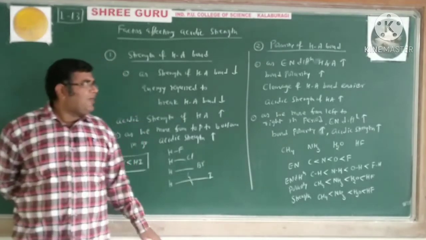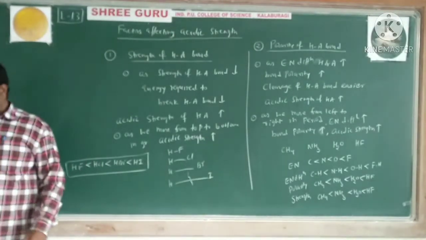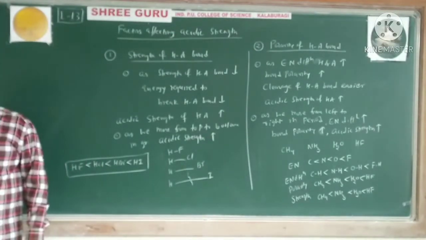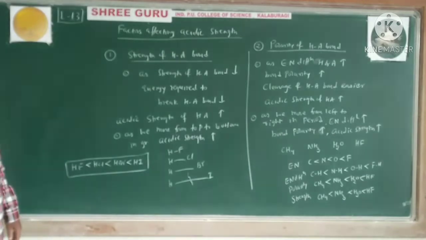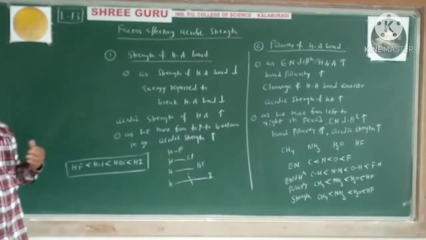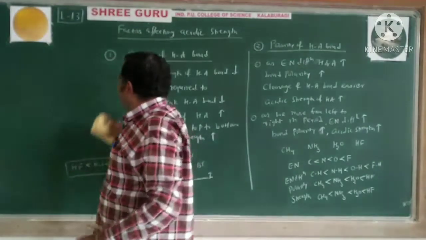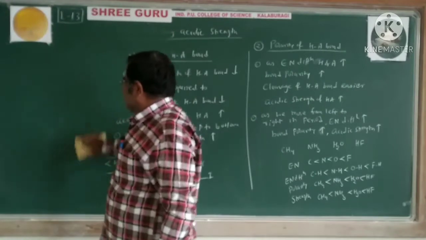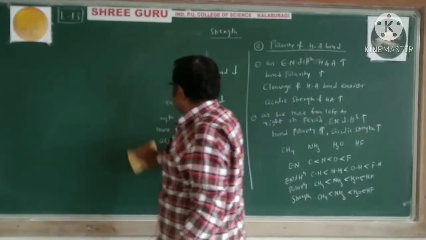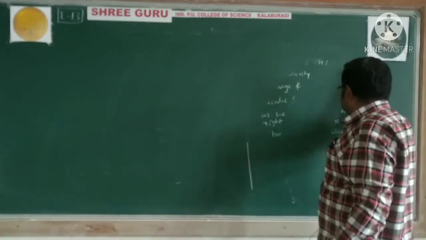So these are the two factors which affect the acidic strength of an acid. Now, after completing this acidic strength, we will see in questions how to identify which is stronger acid and which is weaker acid. The next concept is buffer solutions.